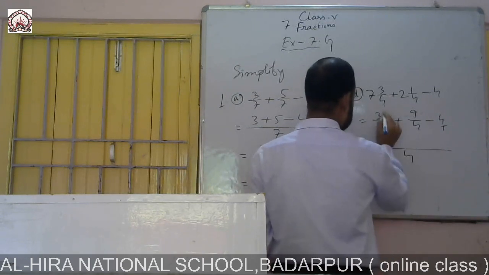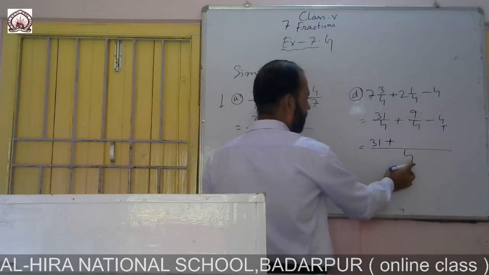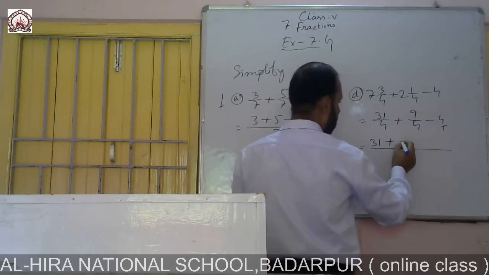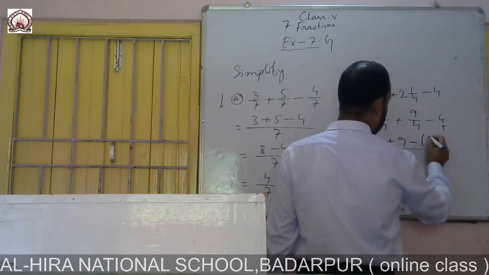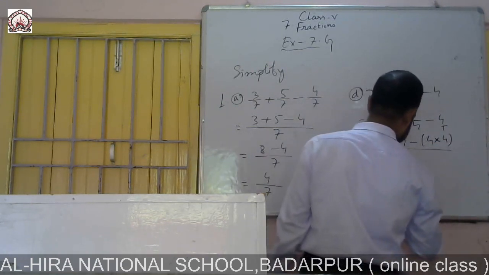So 31 ones are 31 plus 9 ones are 9, minus here 4 into 1, how many times go? 4 times. So 4 fours are 16.